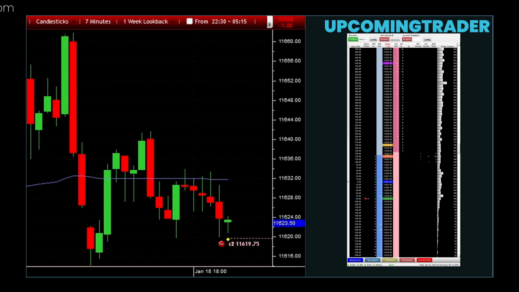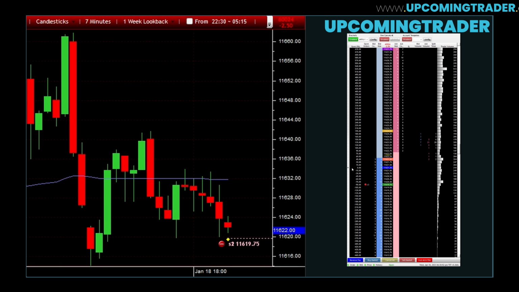All right, now let us talk about risk management, which is super important. When you are trading with the volume profile, you can manage risk by placing stop losses near key volume levels. For instance, if you are buying, you might place a stop loss just below the point of control or the value area low.